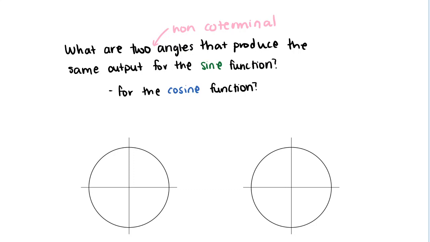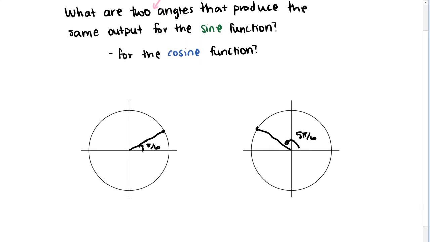So one example of a pair of angles that give you the same value for the sine function is the angle pi over 6 and 5 pi over 6. Right, because sine gives us the y value of these points on the unit circle, and they both have a y value or a height of 1/2.